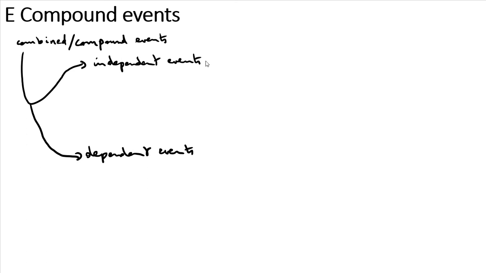We are talking about an independent event when the occurrence of one event doesn't affect the occurrence of the other event.